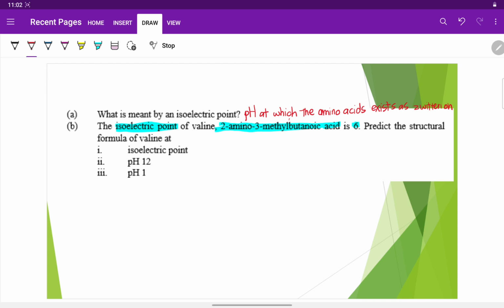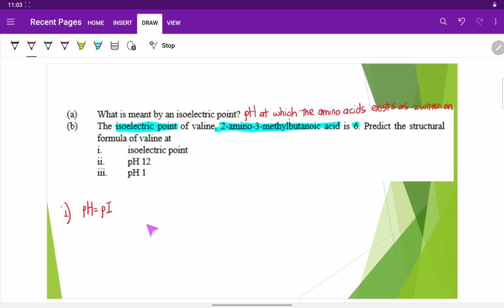Okay, kita buat satu per satu. Now, let's start with pH equals to pI, at the isoelectric point. Okay, so pada isoelectric point, apa yang kita nak lukis dulu? So draw the structure of the 2 amino 3 methylbutanoic acid dahulu. Lukis butanoic acid first.